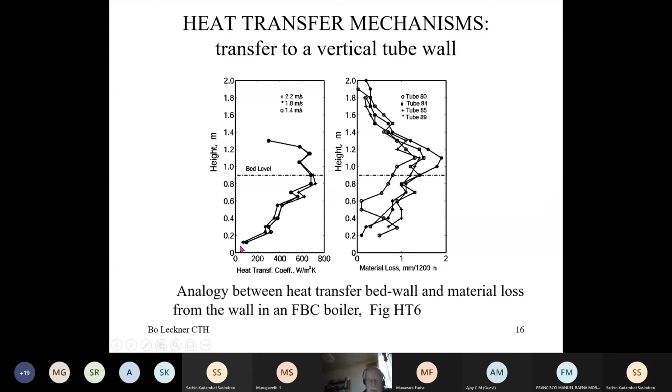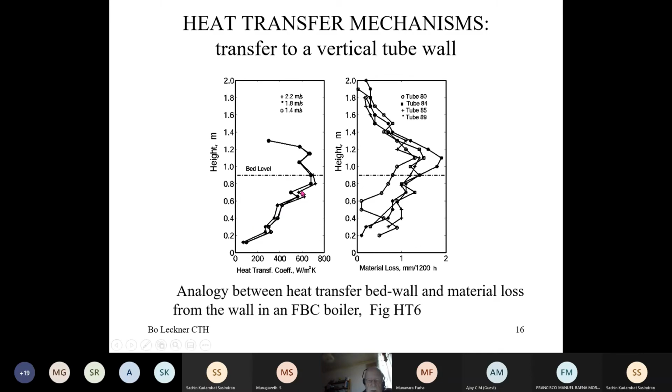And the explanation is that in the bed, there are currents of particles developing. So the bubbles bring the particles up to the surface, and then the particles move down at certain places, particularly at the wall.